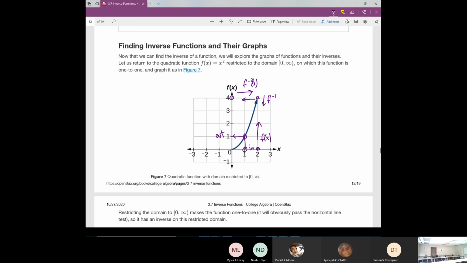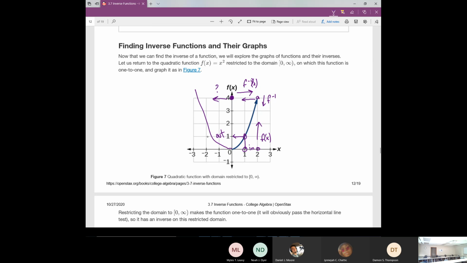And you can see that if I had this as a parabola, not 1 to 1, I wouldn't know which value of x got me to 4. So for a function to have an inverse, my function needs to be 1 to 1. I can't have two possible values of x giving me the same y.